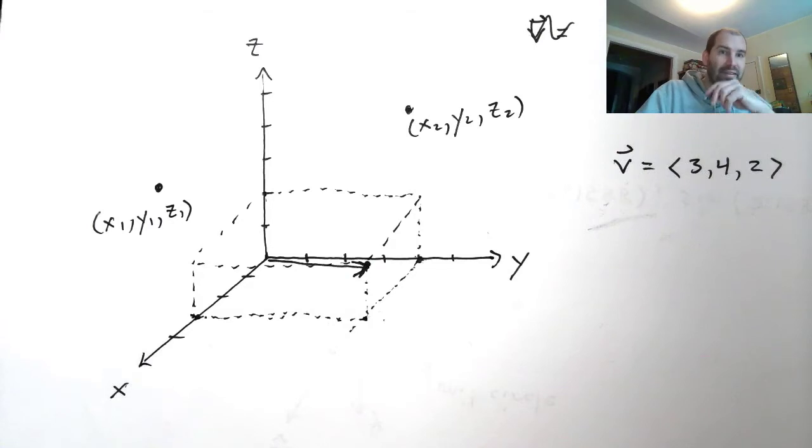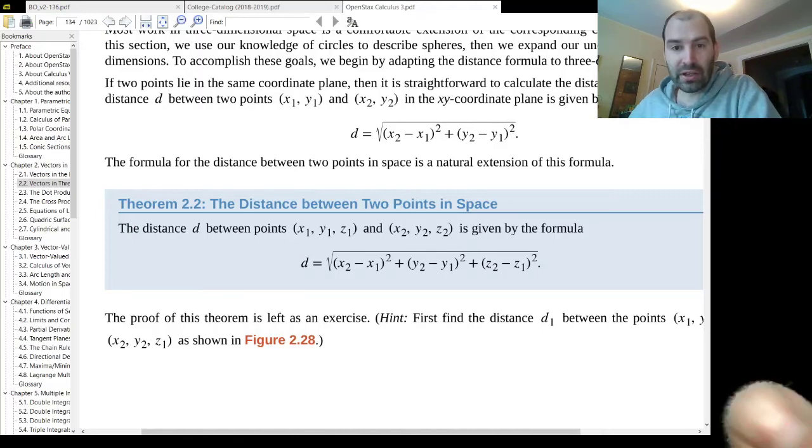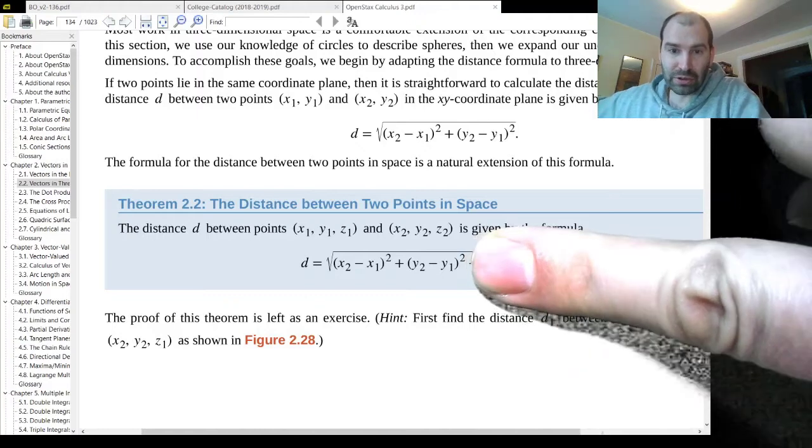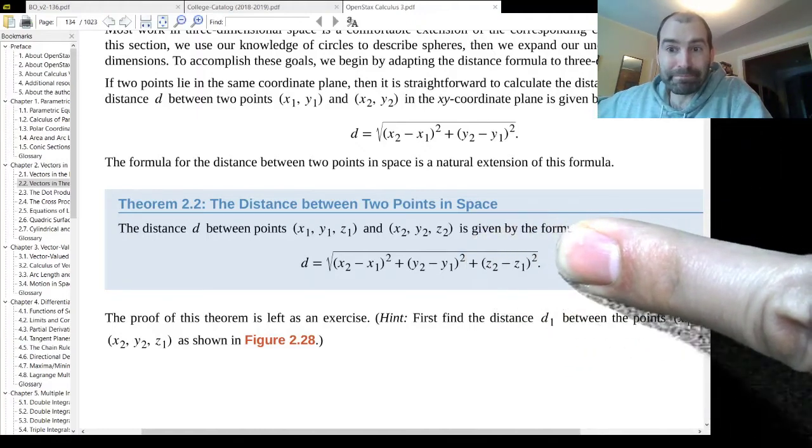How do I define the distance between these 2 points? Well, there's a nice formula for it. Here it is, the distance between 2 points in 3-dimensional space. Notice it's very similar to the equation that we had for 2 dimensions, but we just added a z part.